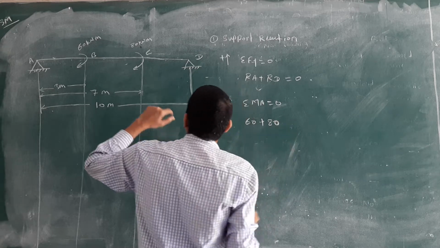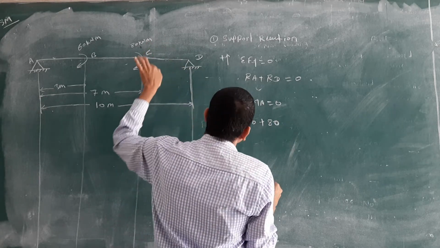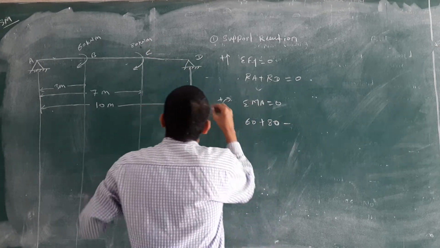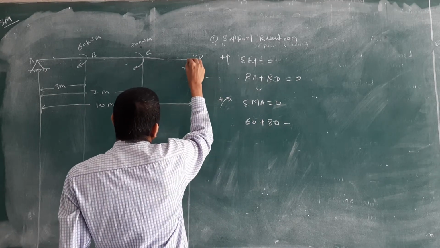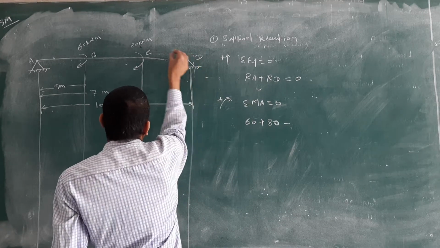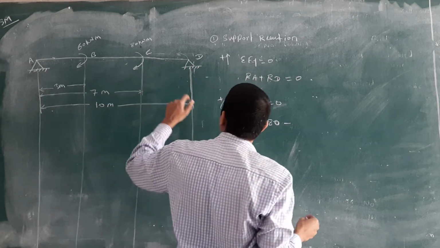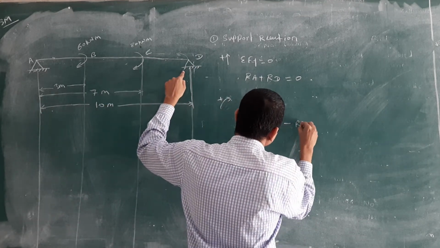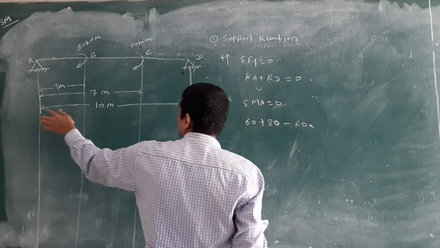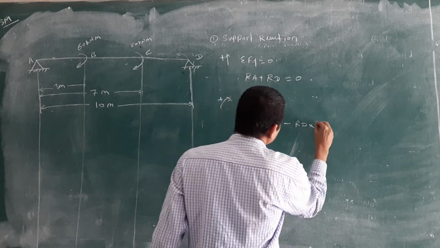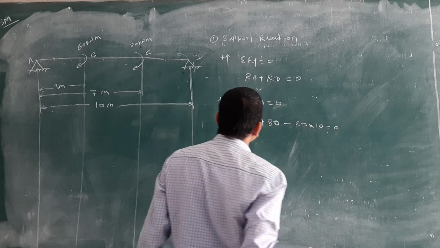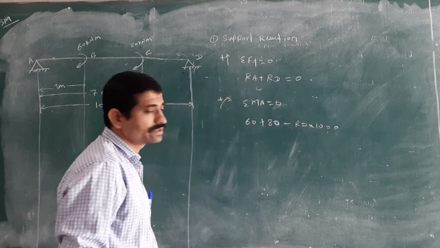And what is the distance of that? RD is going anti-clockwise. If you have taken the section after that, then check that this is going clockwise. We are going right to left. Minus RD into the total distance, up to the 10 meter is given, 10 is equal to 0.